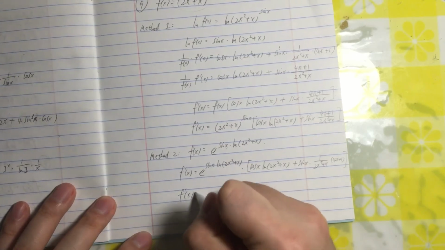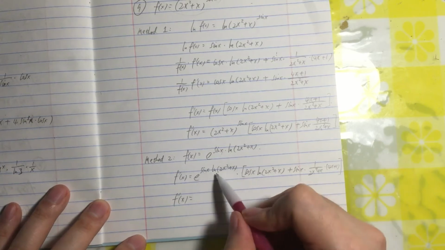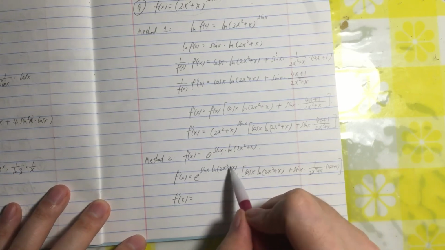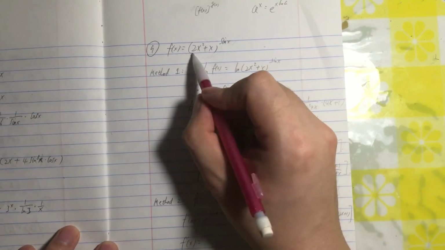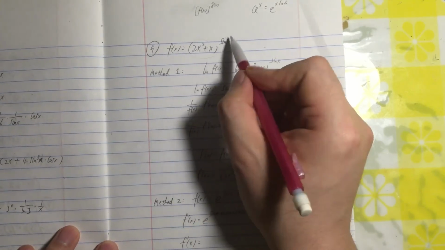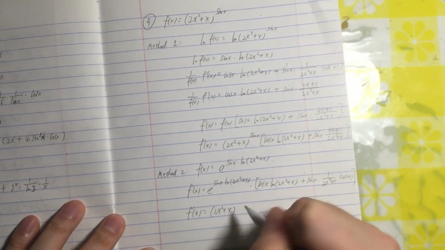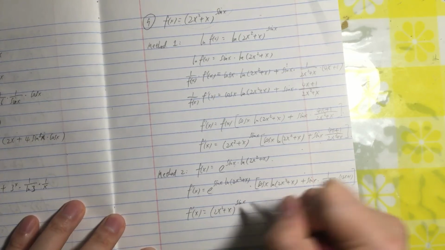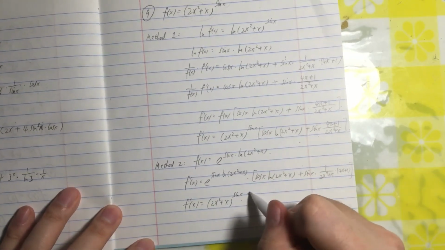After derivative, we simplify. We know that e to the power of sine x times Ln of 2x squared plus x, this is the same as f of x, which is 2x squared plus x to the power of sine x. So this is the same as original function f. Then what's inside the bracket? We can simplify.